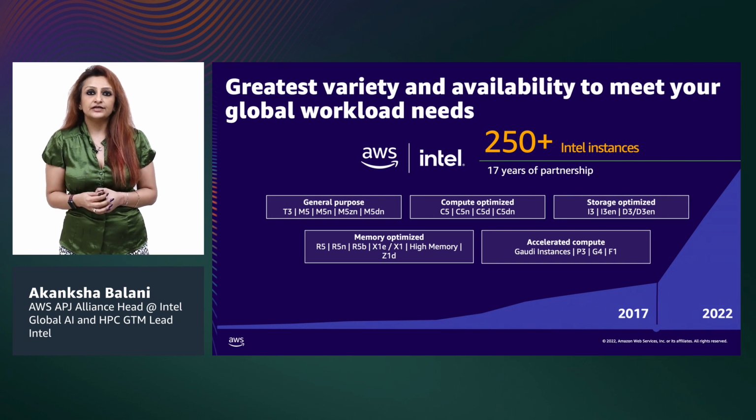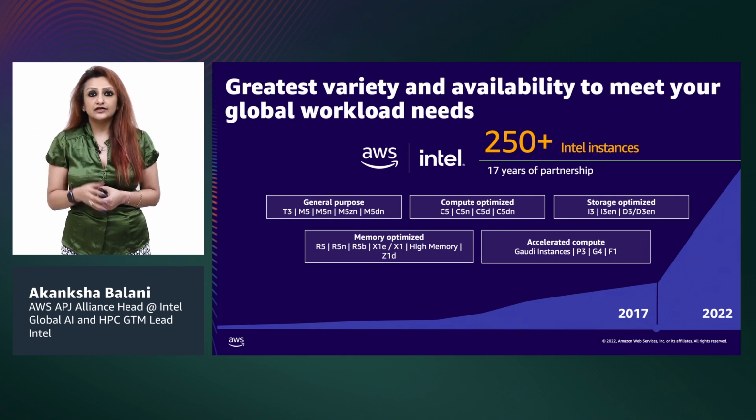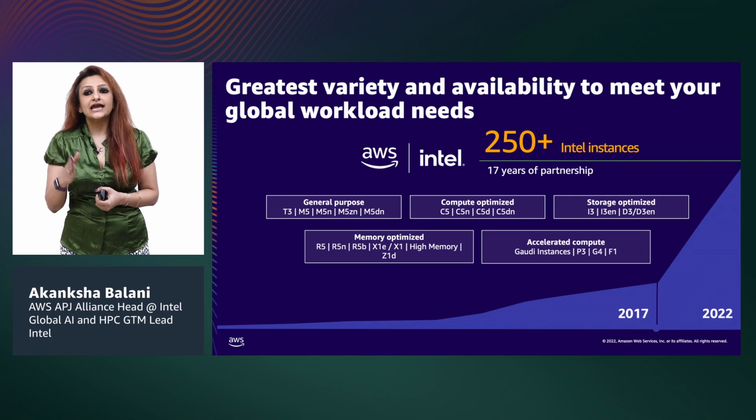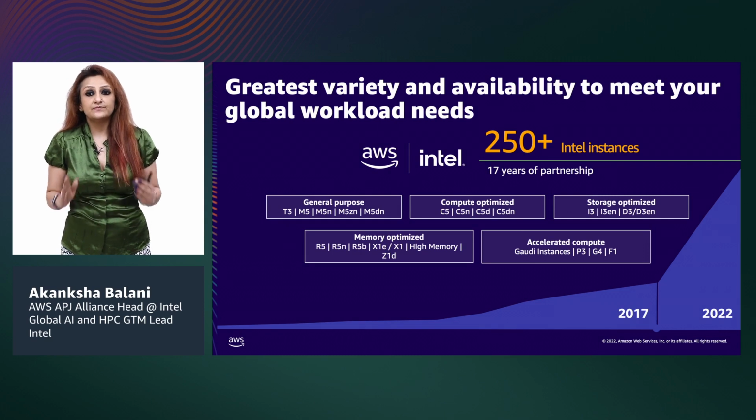Depending on the need of the application and the instance type, we are there with you hand in hand to help provide the lowest TCO at the highest performance. If you look at the range of AWS instances that are powered by Intel technology, we work together to design instances, compute or memory or storage optimized ones, to ensure demanding enterprise applications can run in an optimized and scalable manner in the cloud. The goal is one architecture from edge to the cloud, so that if there is any optimization we make in the cloud, this will also benefit at scale.